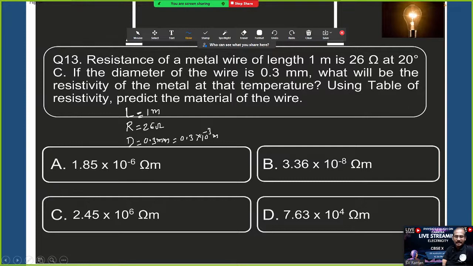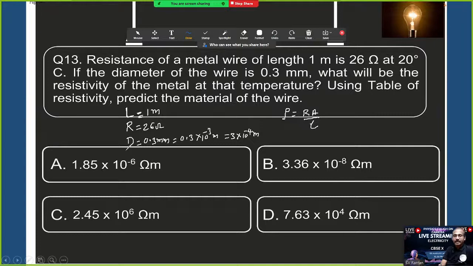Then we can rewrite it as 3 into 10 power of minus 4 meters. That is the diameter. But what do we want? Resistivity, rho. What is the rho formula? RA by L. Here we know only the resistance and the length, but we don't know the A value.